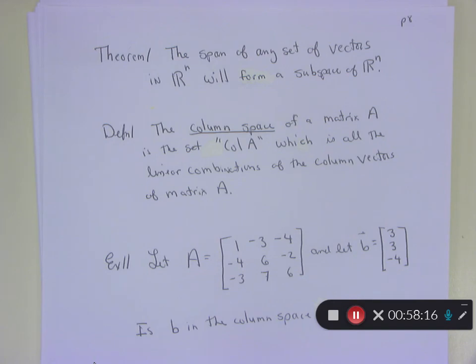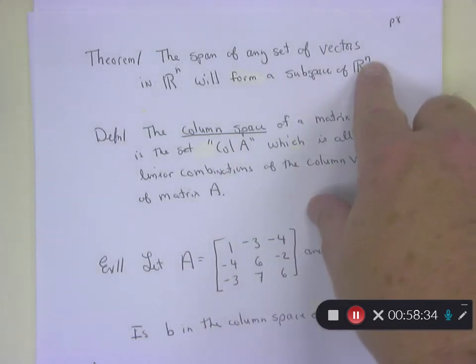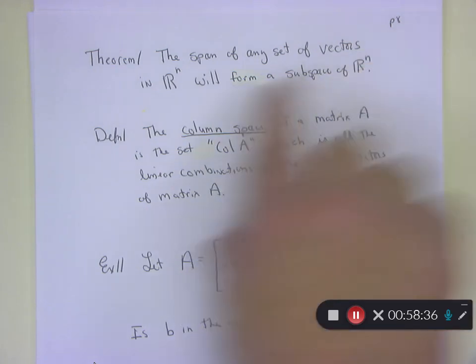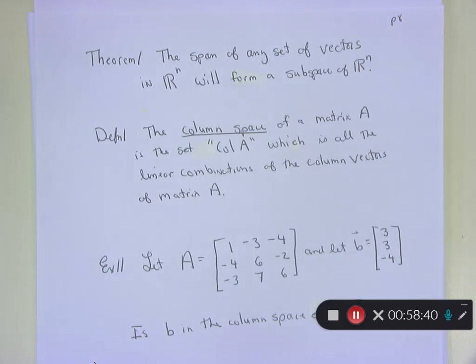Always does. I just used 2, but you can extend that because of scalar multiples. What does it mean to be in the span? Linear combinations. Any linear combination of these vectors always forms a subspace, and it doesn't matter if it's R4, R5, R27, or R3. The span of a set of vectors will always form a subspace.